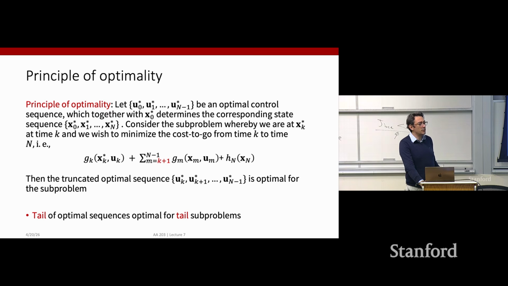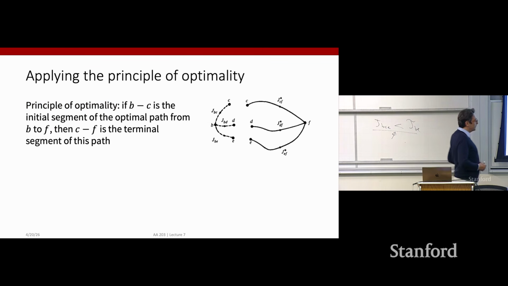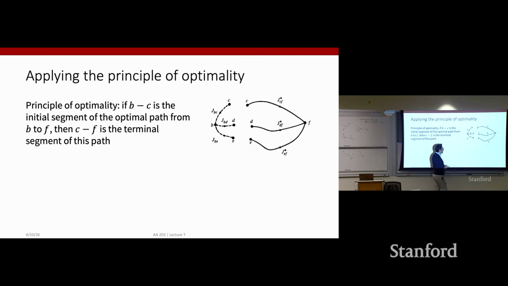So the next question is, why do we care about this? Let me give you a little bit of intuition about why we care about this. Suppose that, again, we are in a setting whereby we want to find an optimal path.